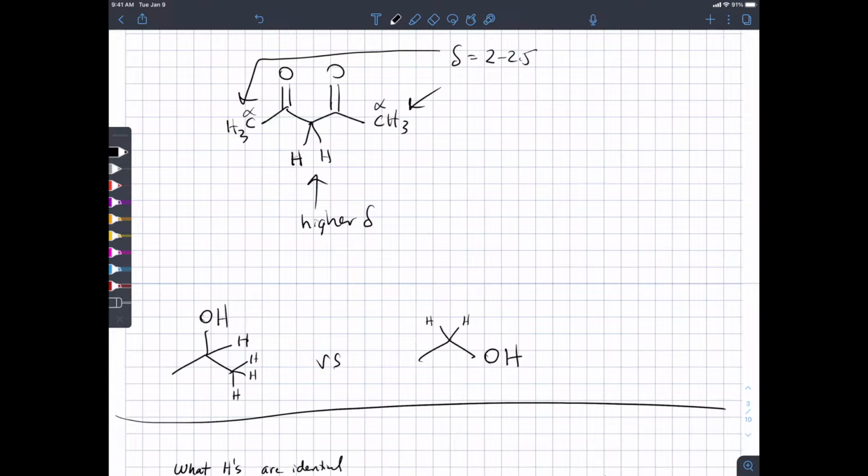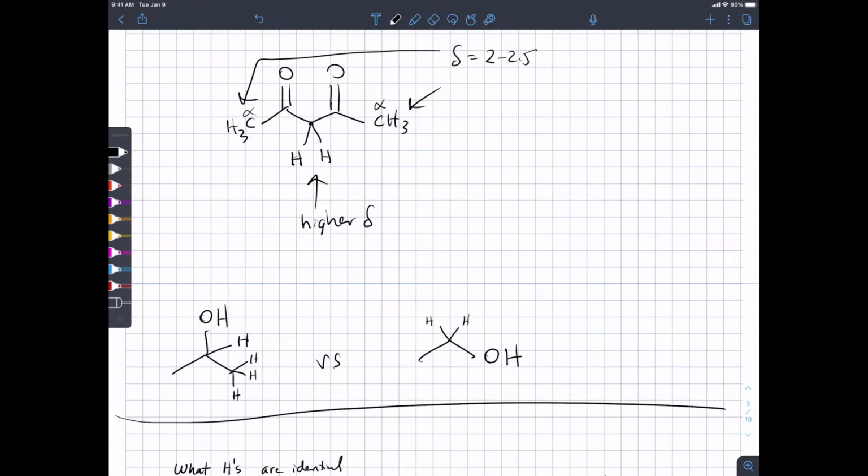Okay. We need to deal with one issue that goes back to stereochemistry, and that is that protons that are identical by symmetry, that have identical environments, have to have identical chemical shifts.